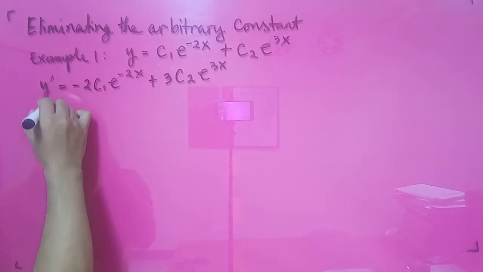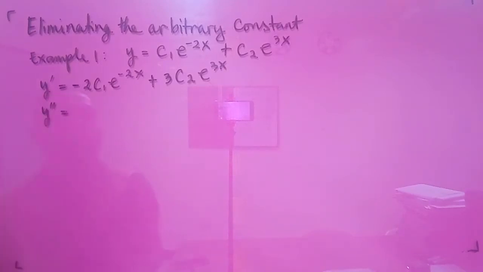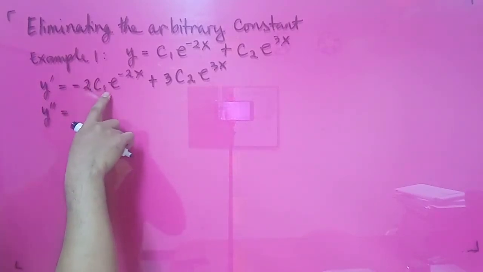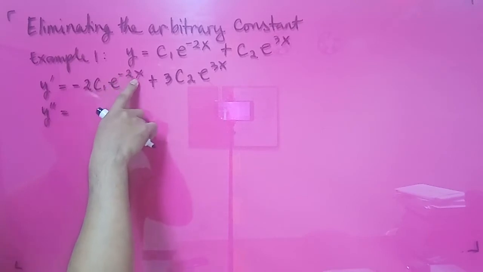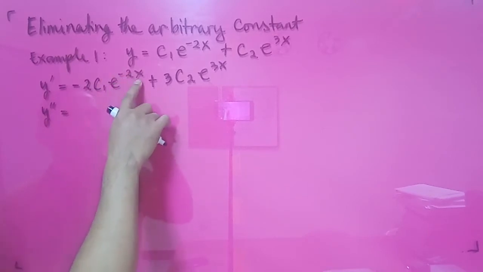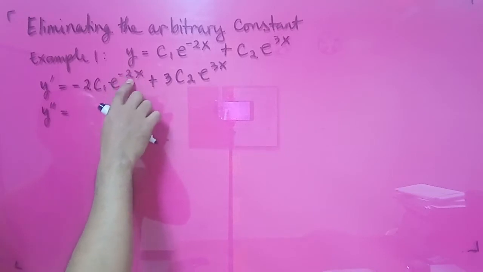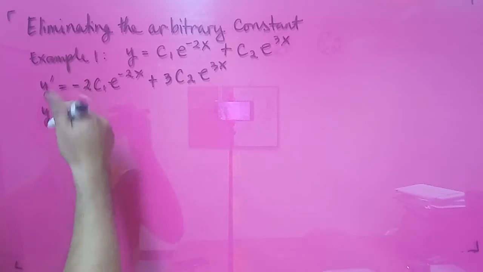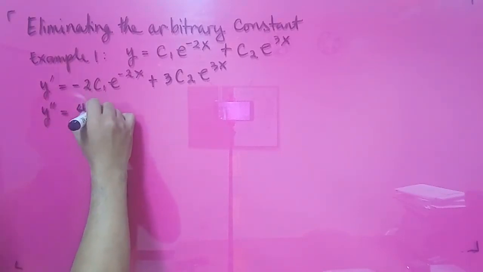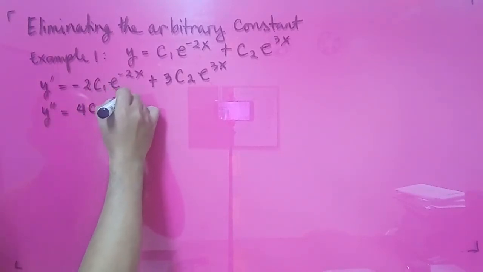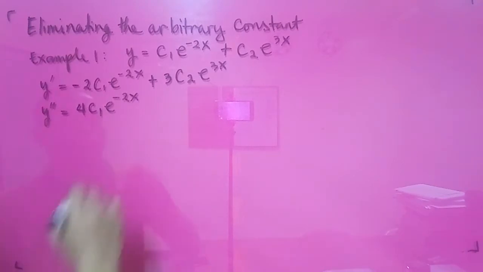Second derivative, y double prime, that is equivalent to c sub 1 times e to the negative 2x. So again, the derivative of e to the negative 2x equals e to the negative 2x times the derivative of negative 2x, which equals negative 2. Negative 2 times negative 2, that is positive 4 c sub 1 e to the negative 2x.